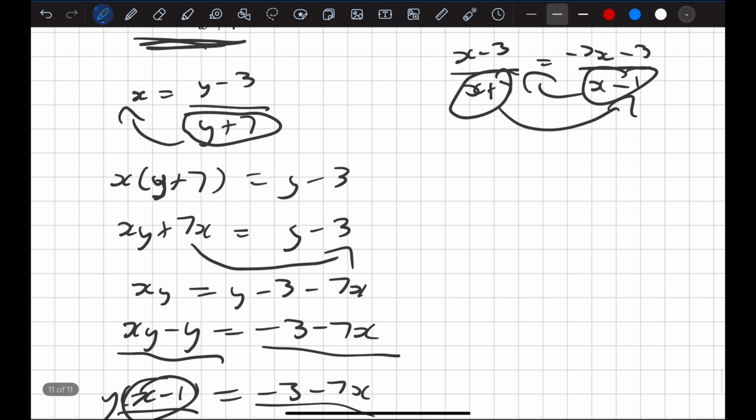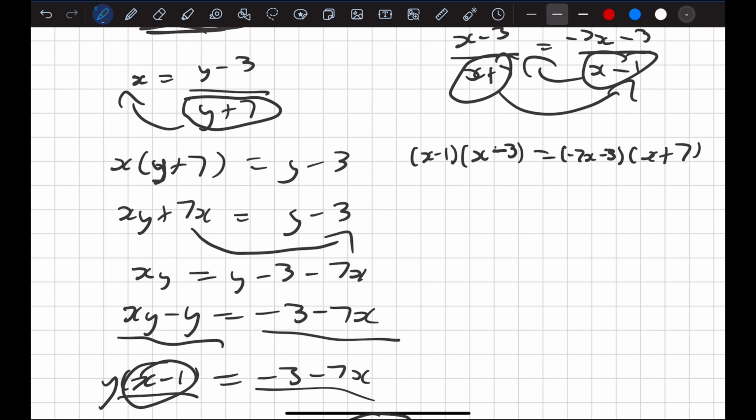We take our x − 1 and multiply it by our x − 3, and our −7x − 3 is multiplied by the x + 7. Let's do the left-hand side first because it is considerably easier.